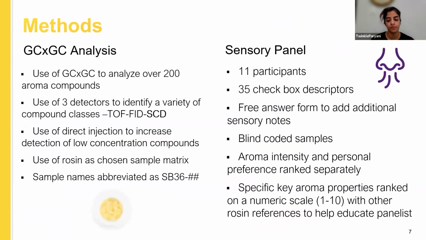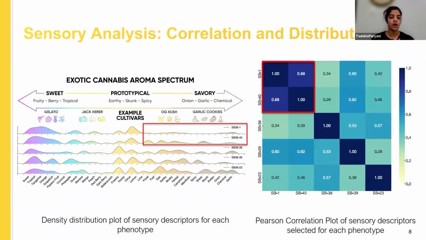Okay, perfect. On this left side, we have this density distribution plot, which was based on the participants who did the sensory. The main takeaway is that the first two we see on the screen, Starburst 1 and Starburst 40, were pretty similar, except for small differences on the savory side of one of them.